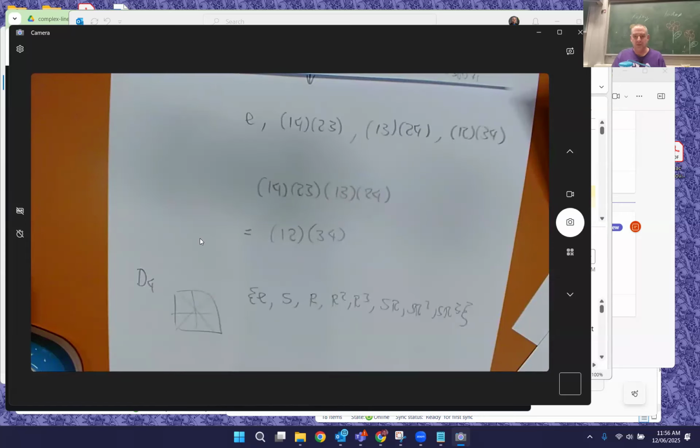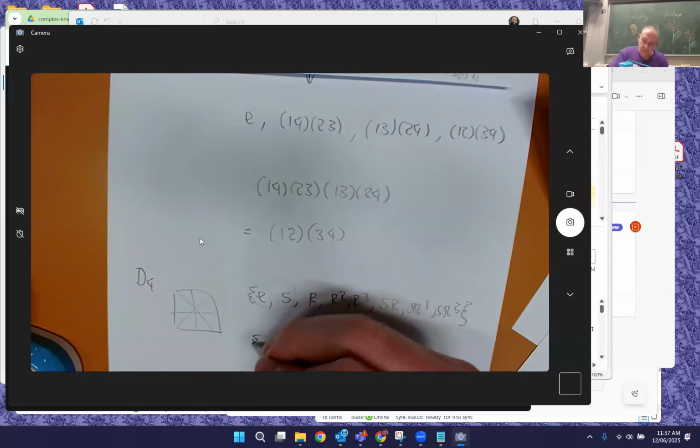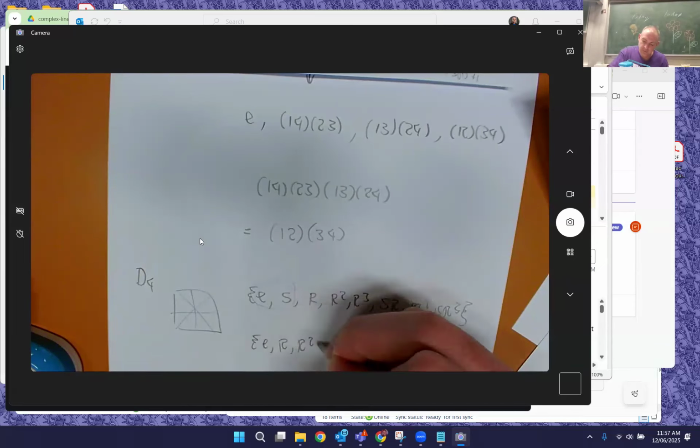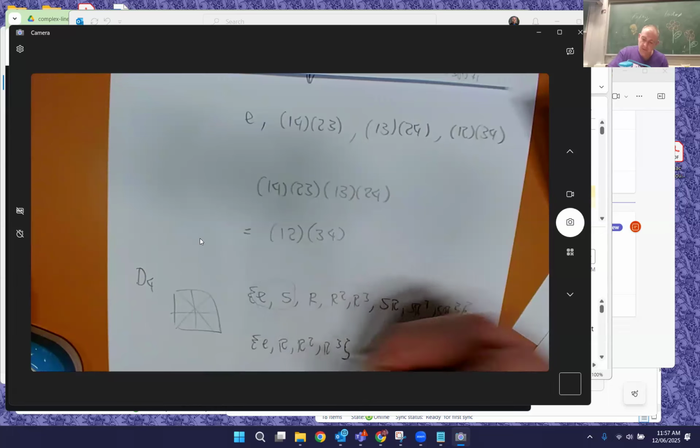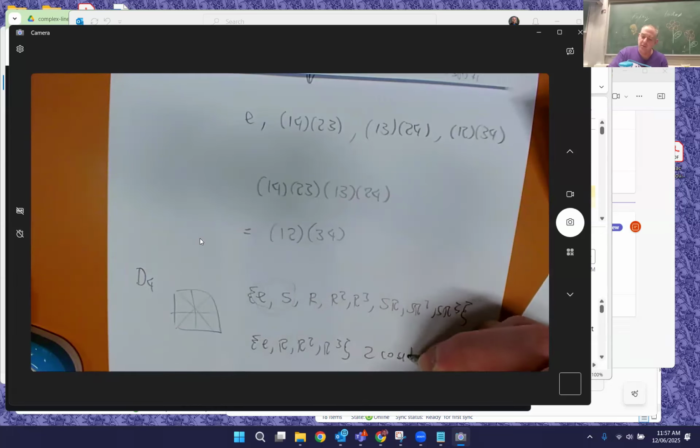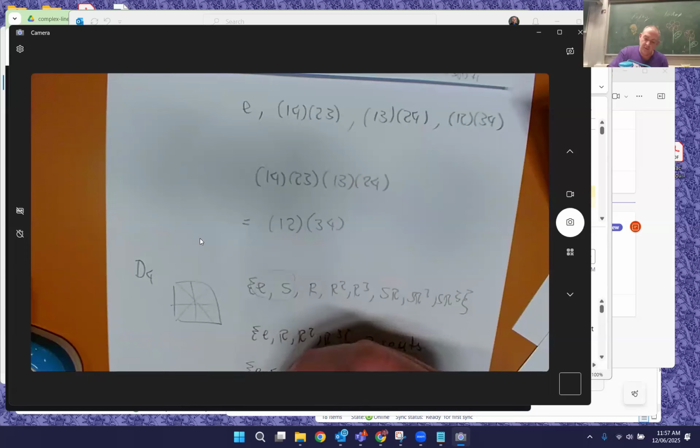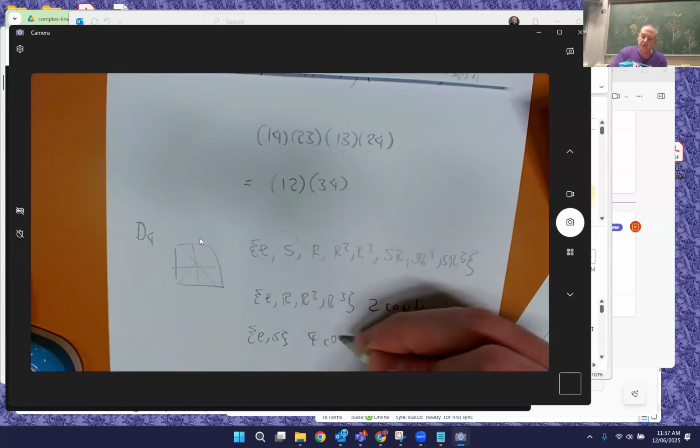And if you look at this, you've got this subgroup, and it has 2 cosets. Sorry, so you've got this subgroup, which has 2 cosets, but you also have this subgroup, which has 4 cosets.